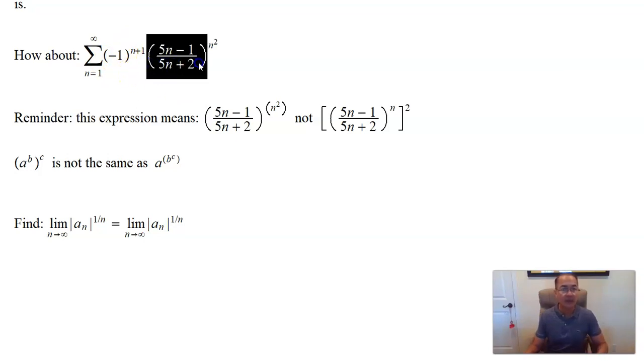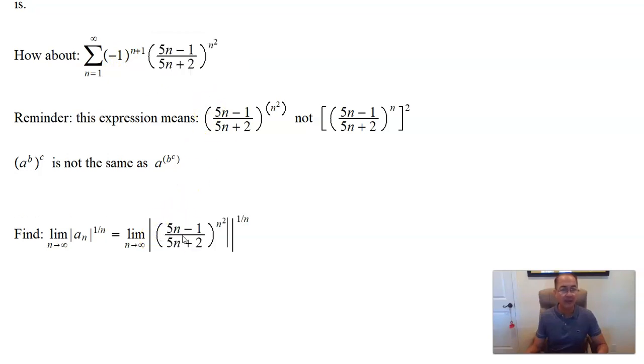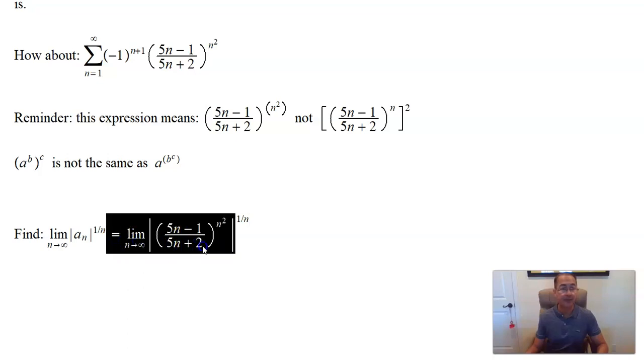So don't waste your time writing down another minus 1 to the n plus 1. I'll keep the absolute values because it will help us see that we are taking this expression, this exponential form, and then we're raising it to the power 1 over n.